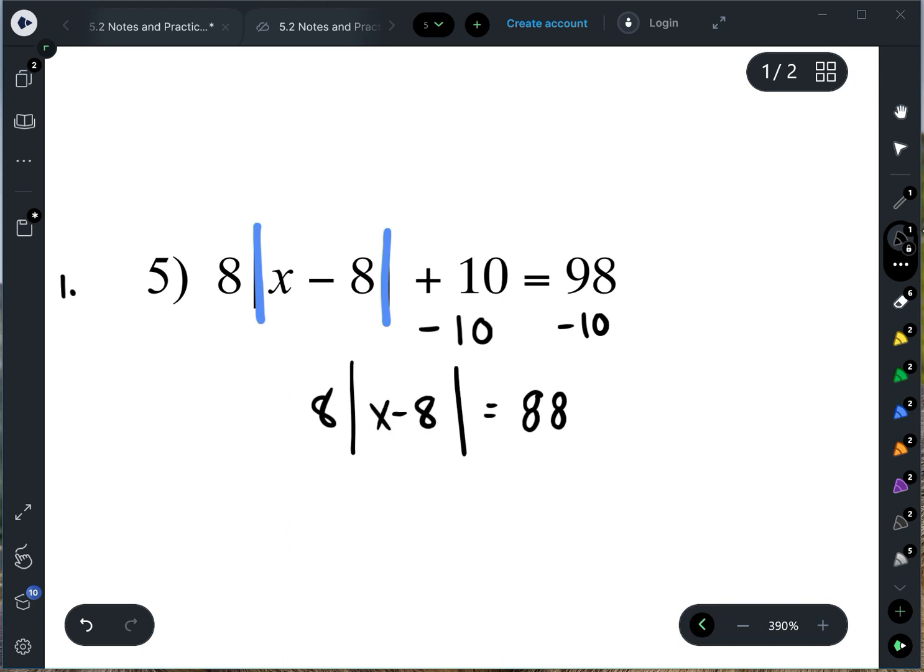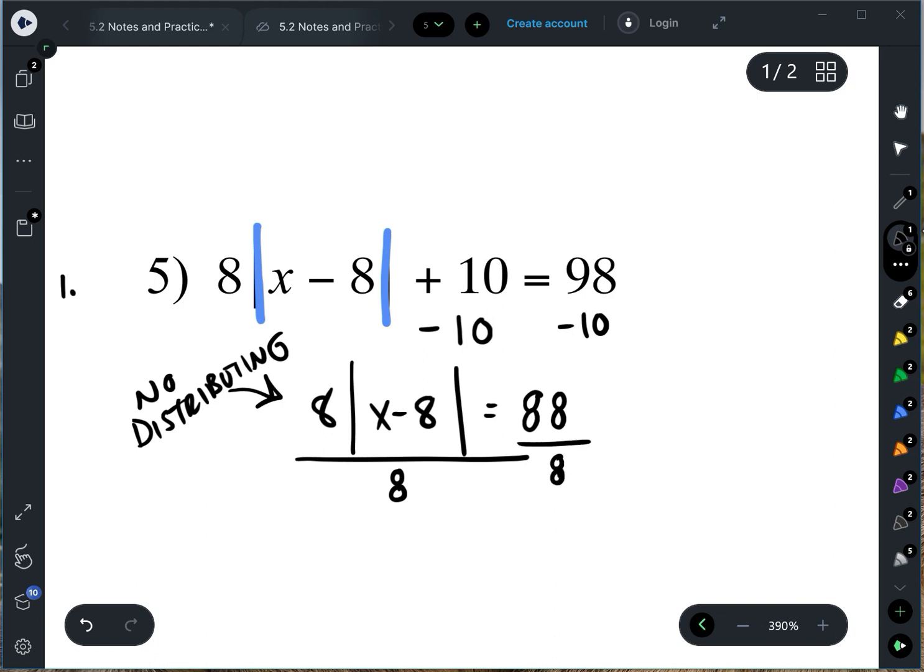Do not distribute. No distributing. Instead, divide by that number out front. Divide each side by 8. That leaves our absolute value by itself equal to 11.